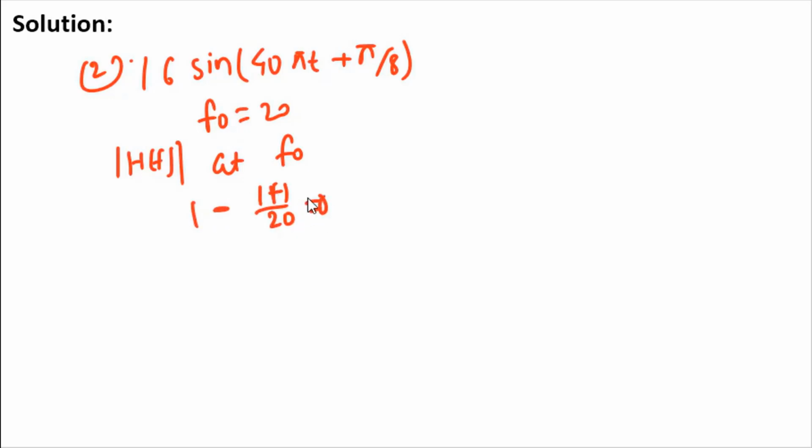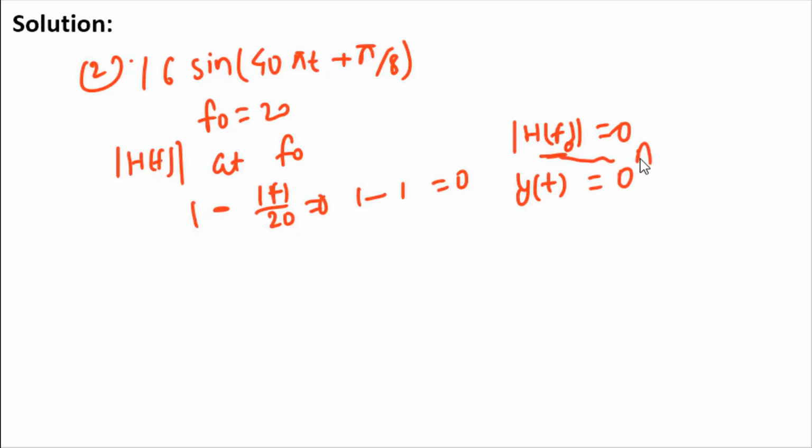So it becomes 1 minus 1, which is equal to 0. So when the magnitude becomes 0, your output will be 0, because this magnitude of H(f naught) is multiplied with A. So this y(t) becomes 0 due to this input 16 sin(40 pi t plus pi by 8).